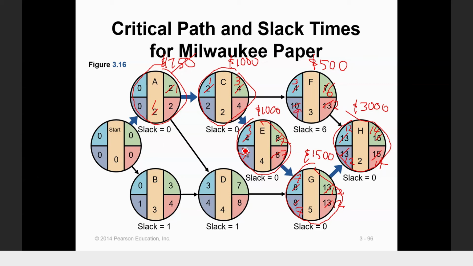So you have 9 or 3, and we take the smallest one, so this becomes 3. This becomes 1. Here you're going to have 7. 7 minus 4 becomes 3. This one is 1, so it becomes 1. This one becomes 3.